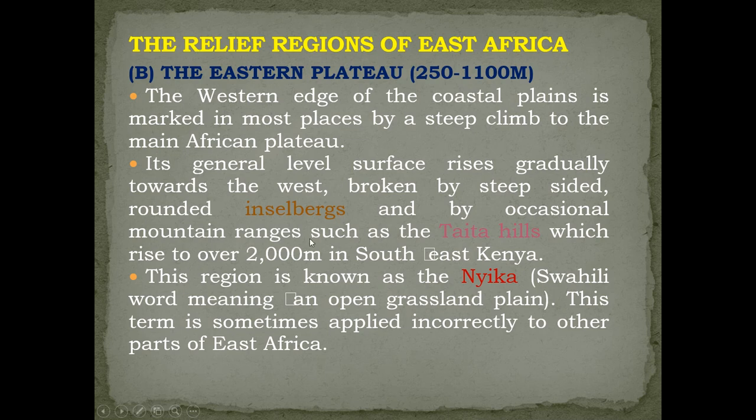Two, we can equally say that this region is characterized by isolated hills known as inselbergs. Three, we can say this region is characterized by open grassland vegetation, and so many other characteristics that we can identify.